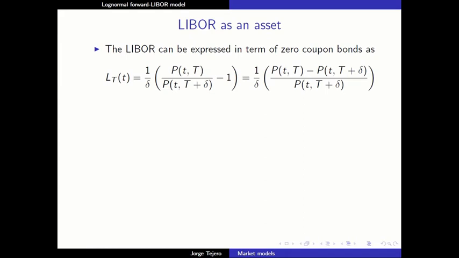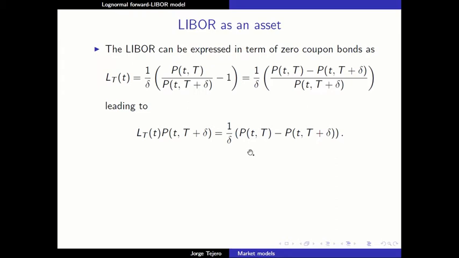Interest rates in simple compounding are defined in terms of zero-coupon bonds in the following way. See that if we multiply both sides by the zero-coupon bond maturing at capital T plus delta, we arrive at the following expression. This expression is interesting because on the right-hand side we have two zero-coupon bonds.